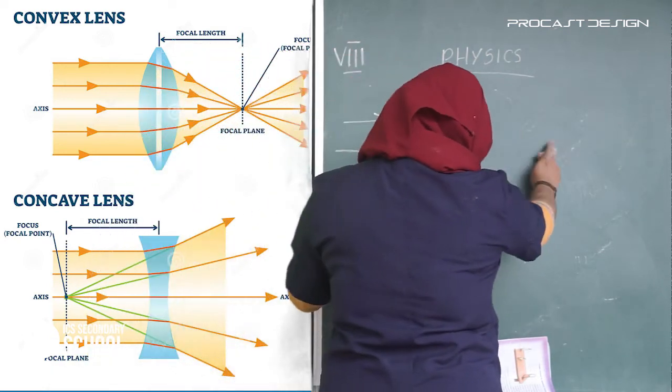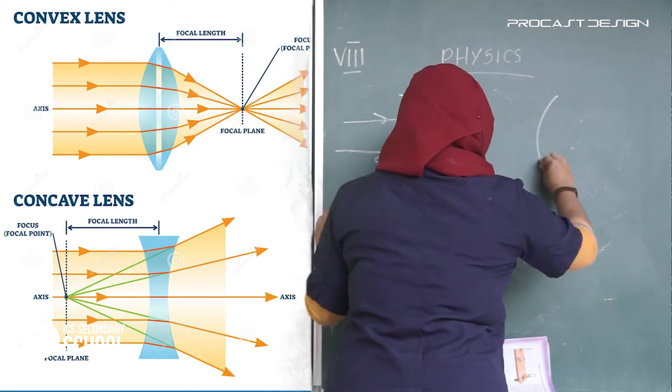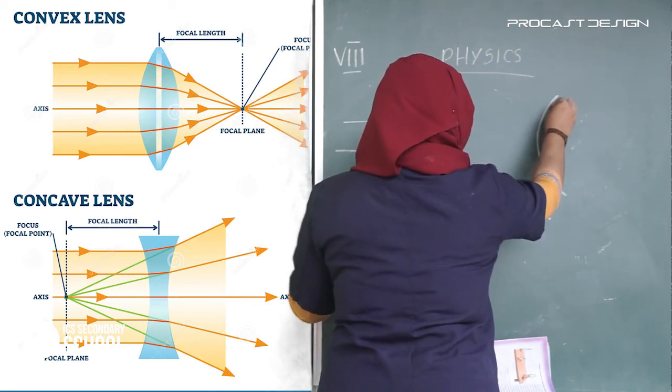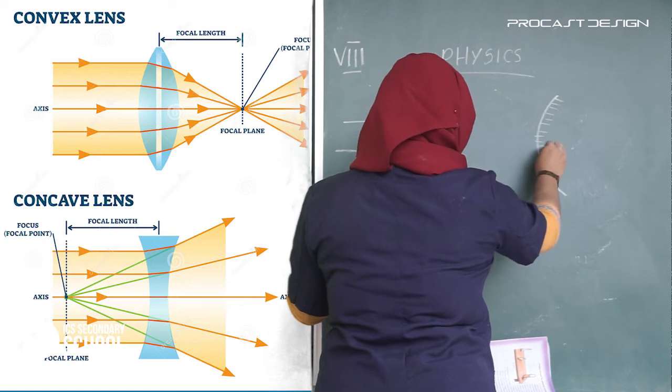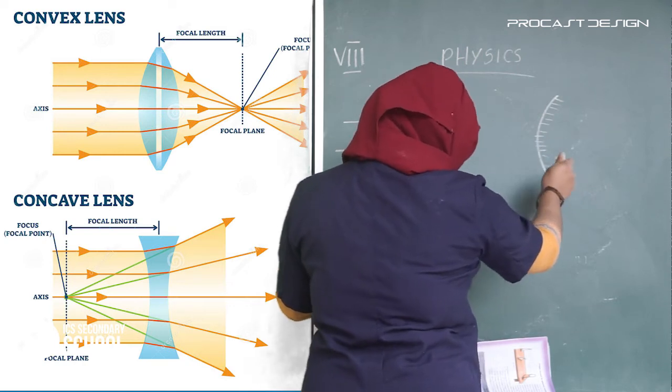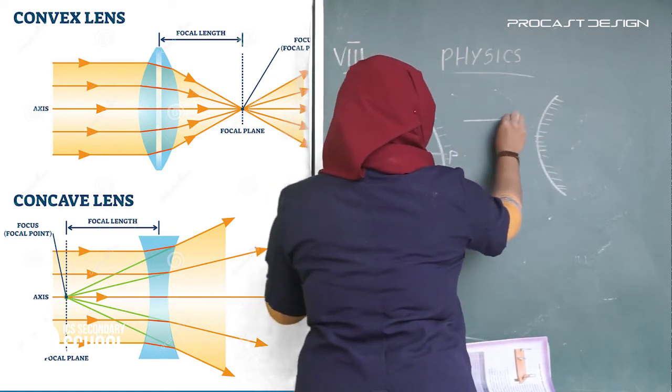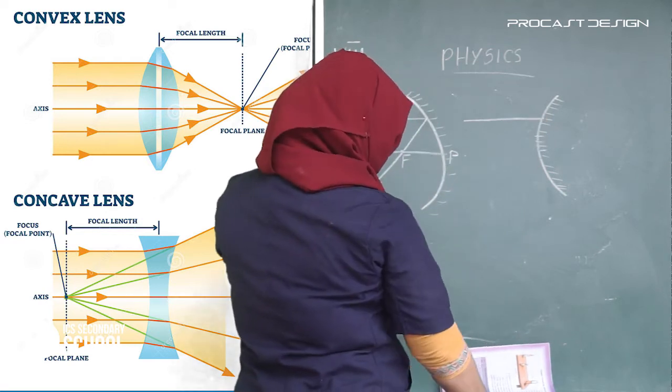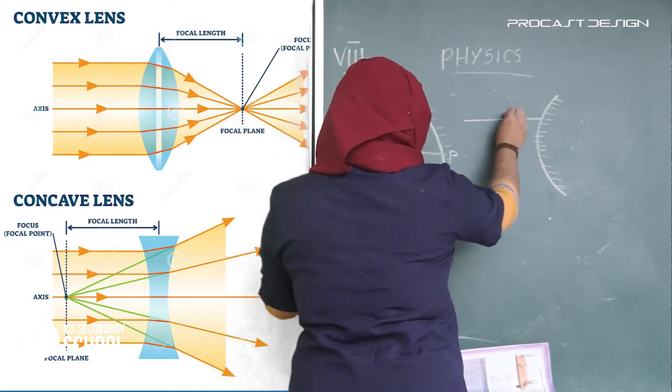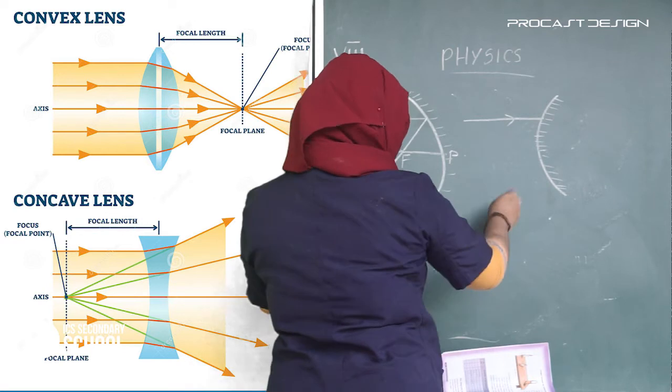Like that, what about a convex mirror? In a convex mirror, if the incident ray comes parallel, how is it reflected?